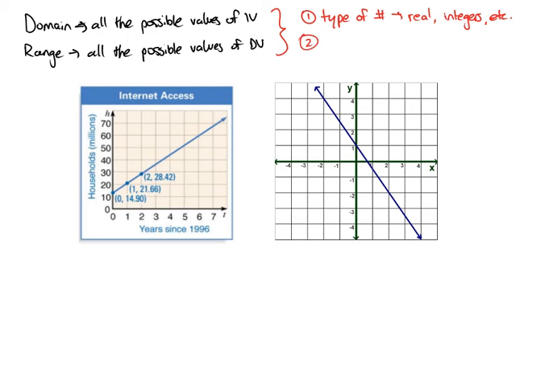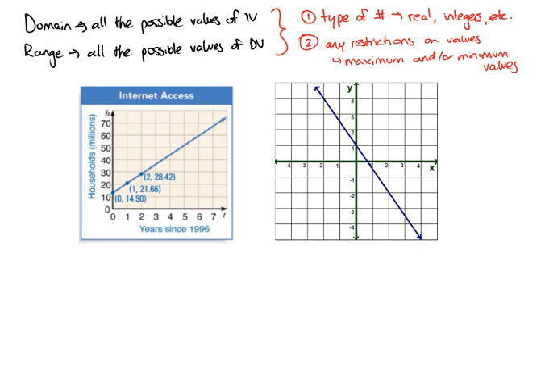The second thing you have to take into consideration is any restrictions on the values, and this usually manifests as maximum and/or minimum values. So when we're describing domain and range, we're going to keep in mind these two main ideas.